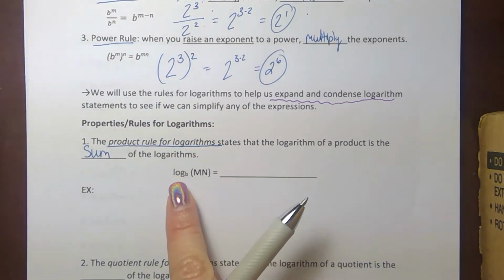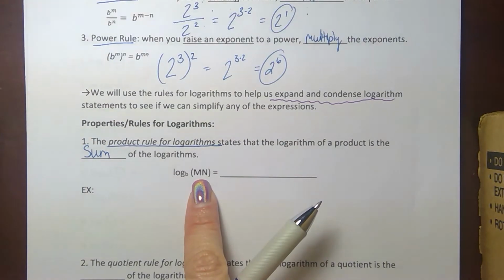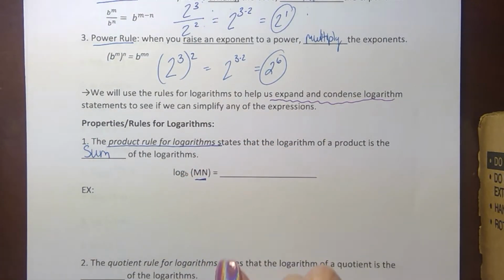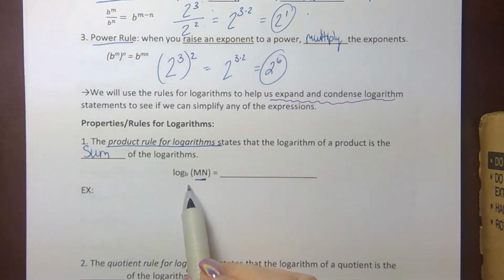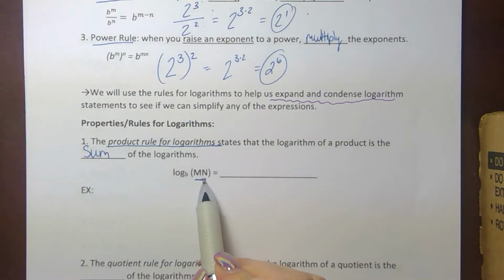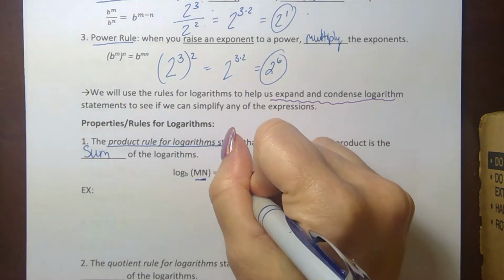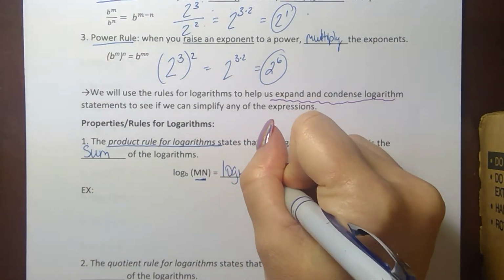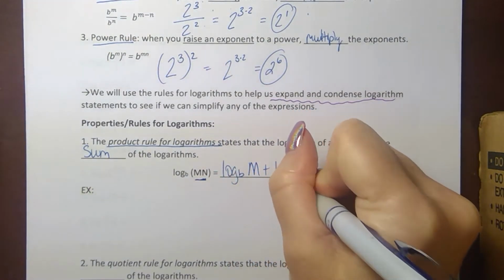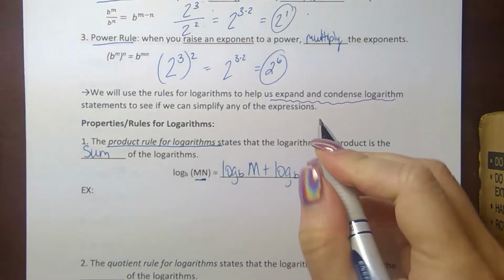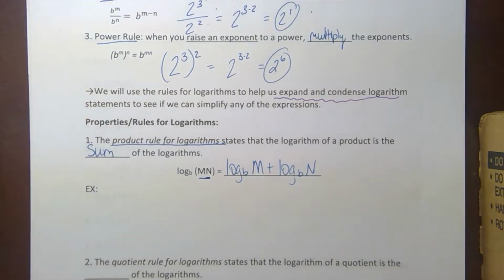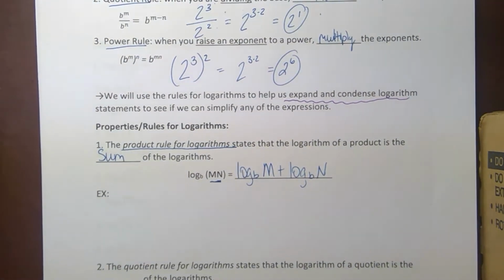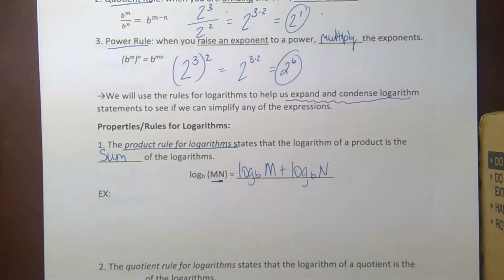In general terms, if I have a product in my argument, right here in my argument of my logarithm, log base b of m times n, then I can expand this to write it as 2 separate log statements. Log base b of m plus log base b of n. For example, let's do an example to show this, how we would expand one and how it could help us.